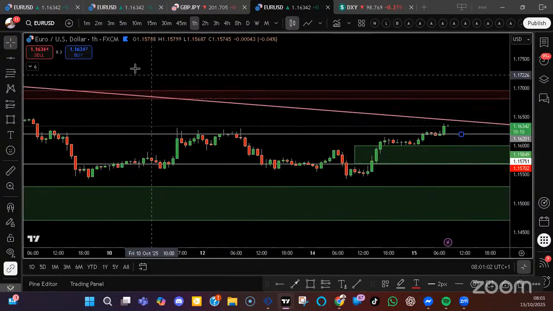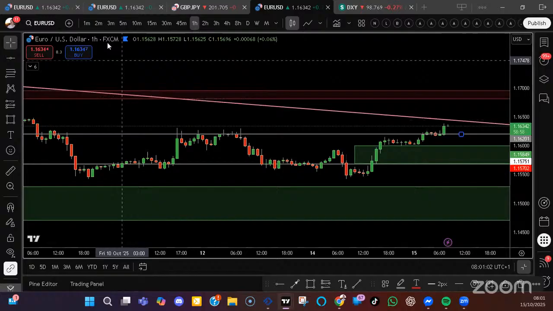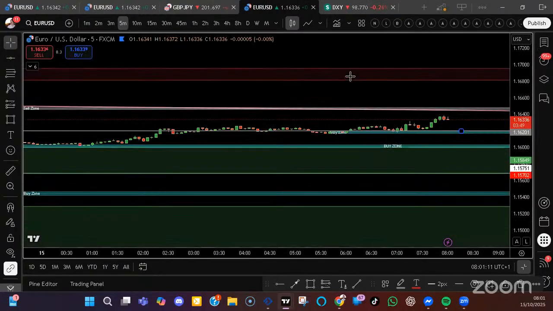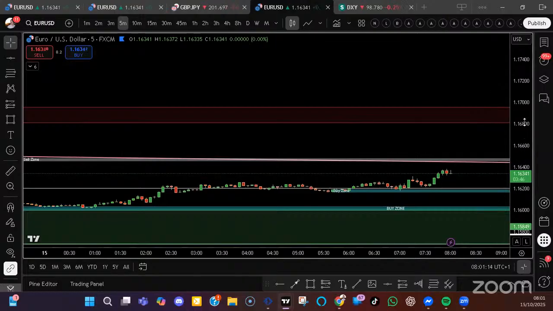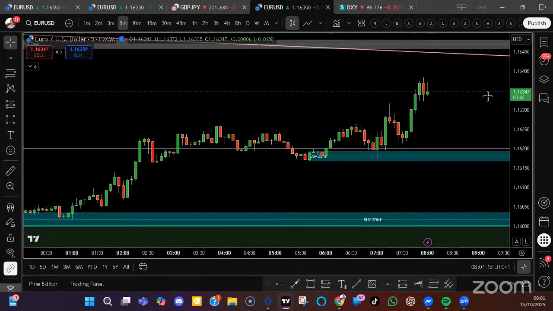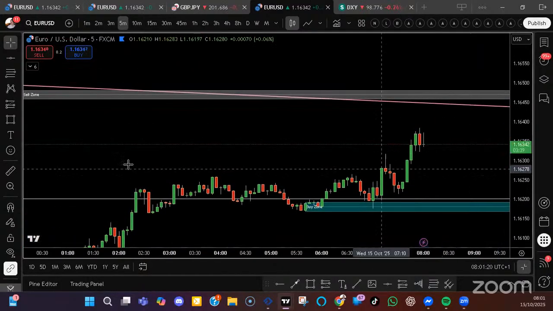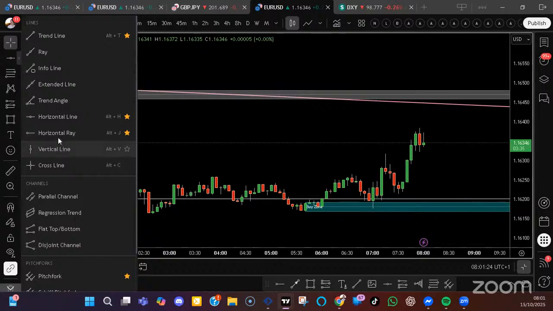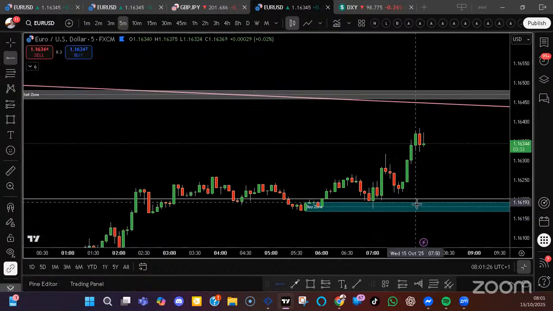Go down on the 5 minute and see that we have indeed our zones. Buy zone way down here.